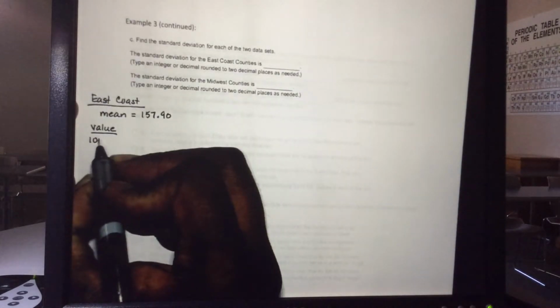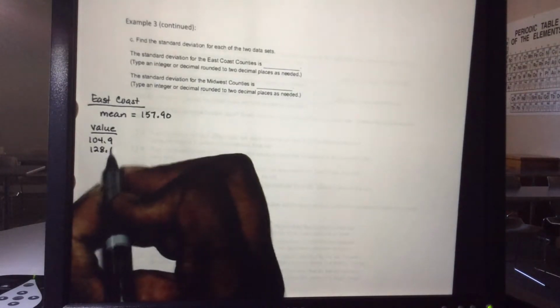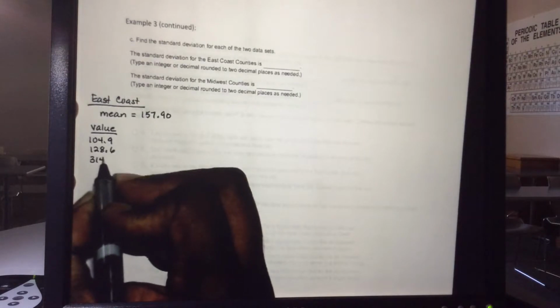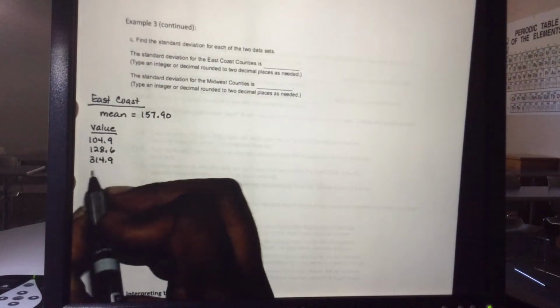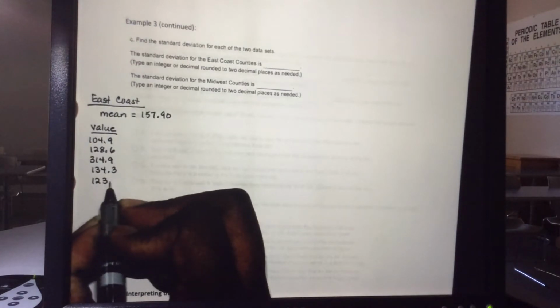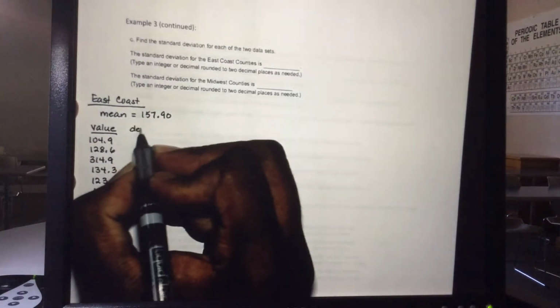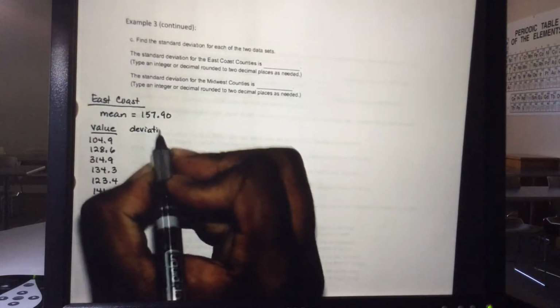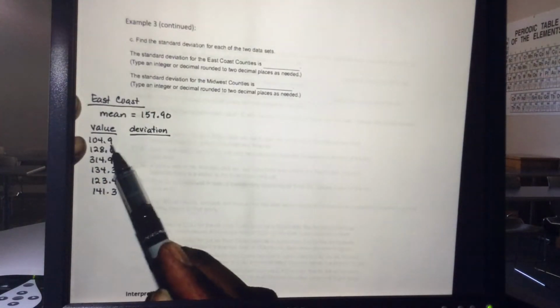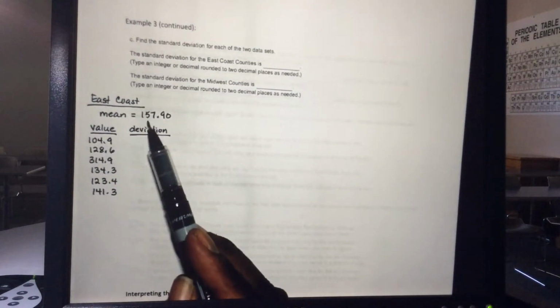That's 104.9, 128.6, 314.9, 134.3, 123.4, and 141.3. Now to find the deviation of each one of those values, we're going to take the data value minus the mean.